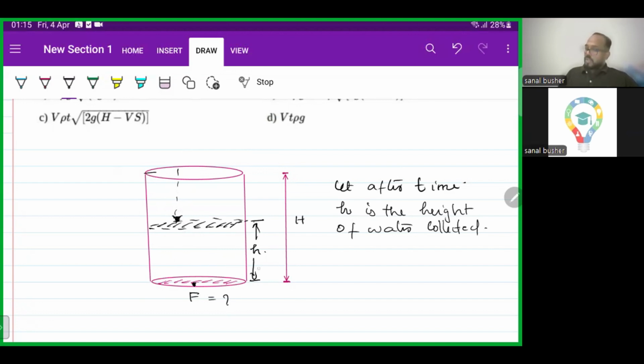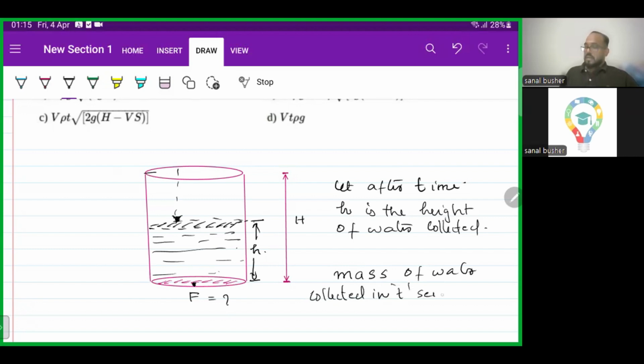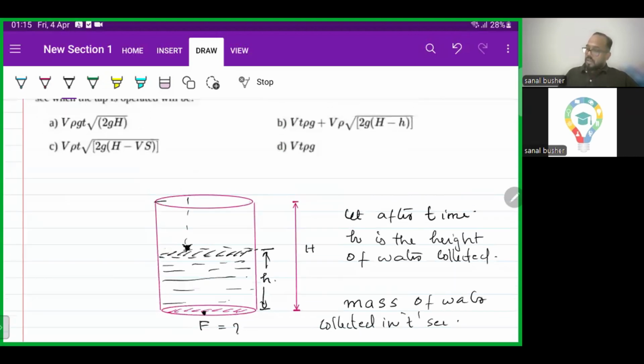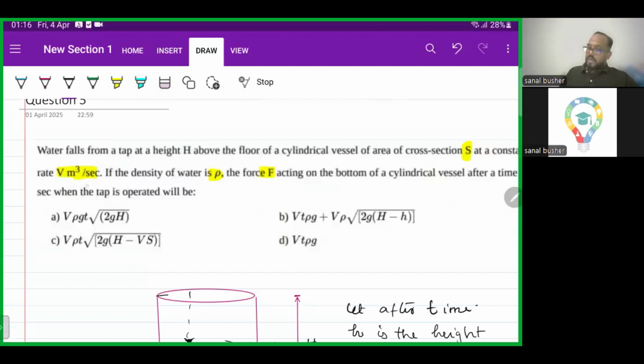For that, you can first calculate the mass of the water collected here. Density is there. You can find the mass of water collected in t seconds. You have the volume flow rate, right?